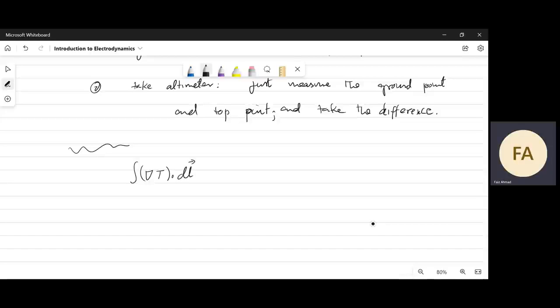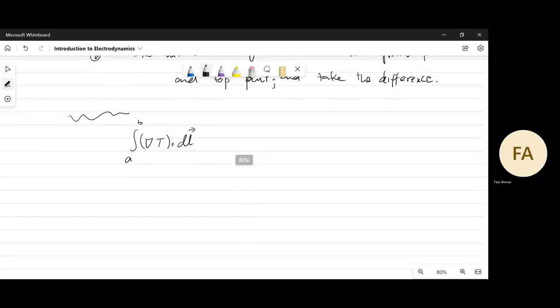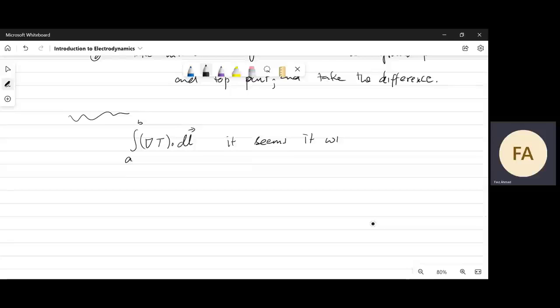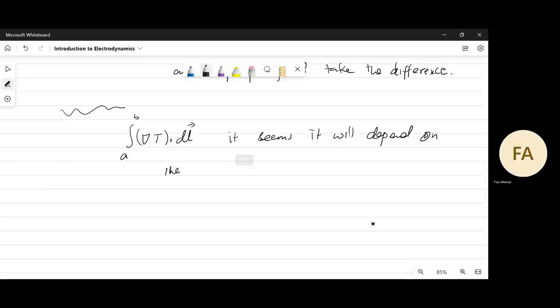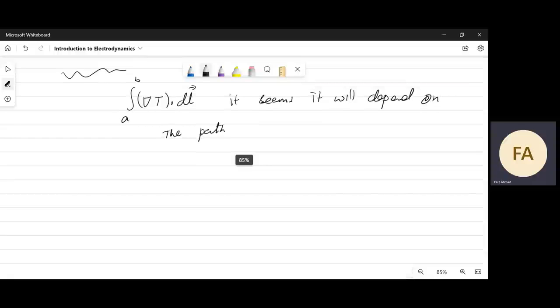And as the integral is between two points, it seems it will depend on the path. If we change the path, the integral should change.